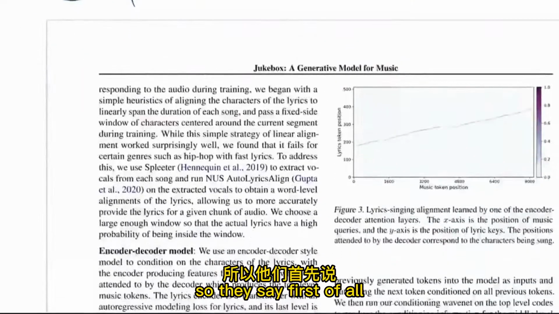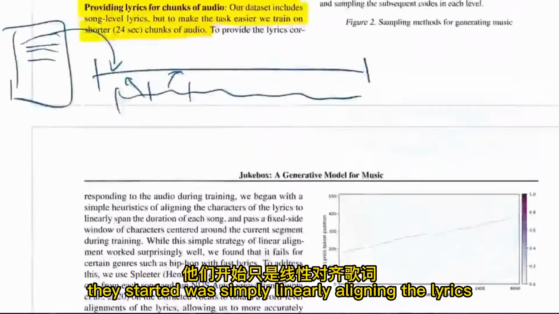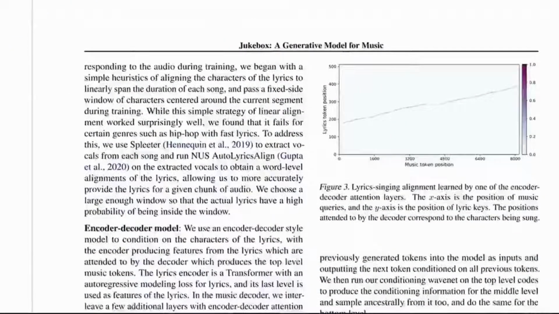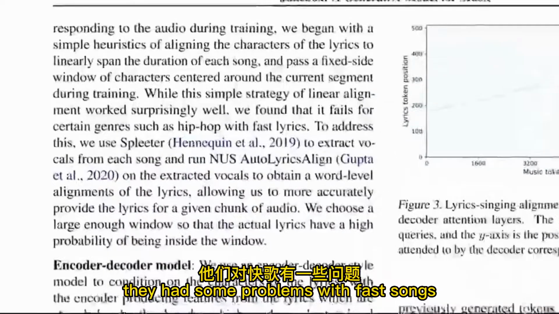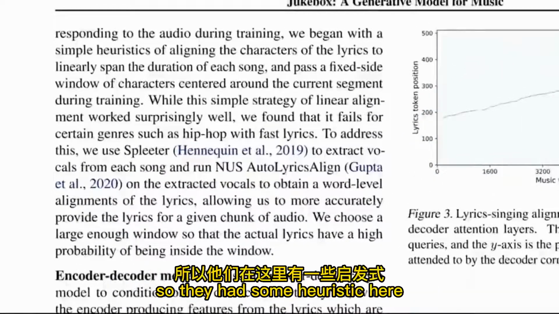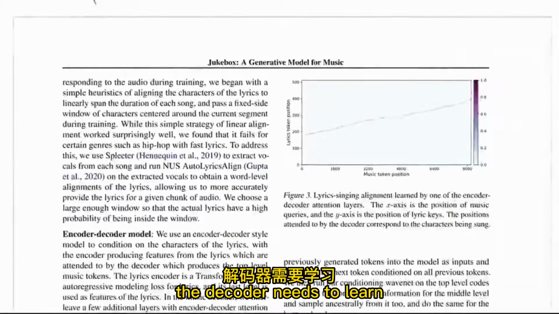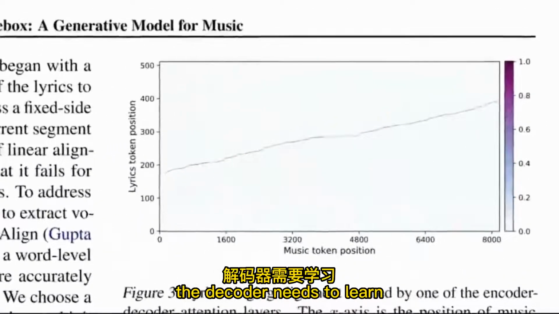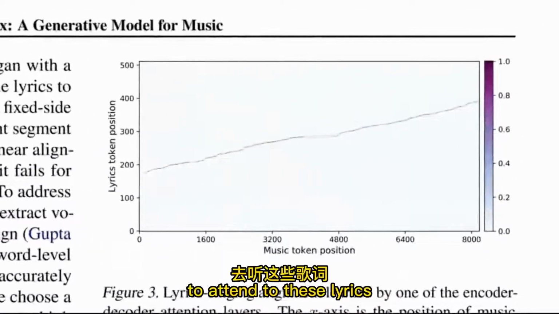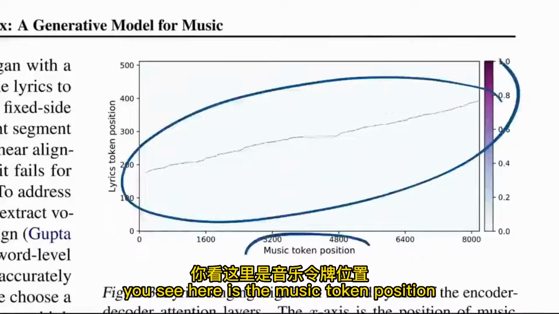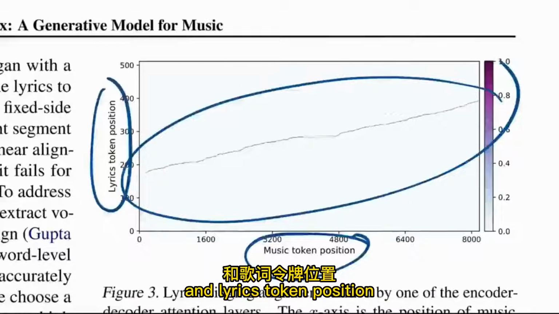So first of all, they started with simply linearly aligning the lyrics, but then they had some problems with fast songs, so they had some heuristic here. But ultimately, the decoder needs to learn to attend to these lyrics. The graphic you see here is the music token position and lyrics token position.